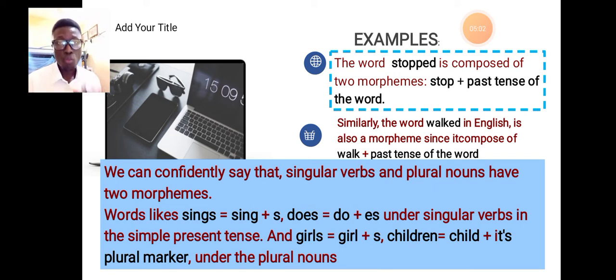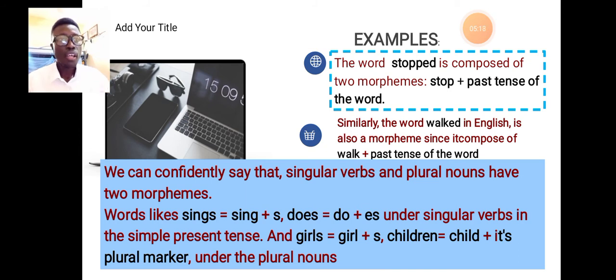Two morpheme word. Okay, we have sing, that is the verb, plus the s, making it what we have in sings.